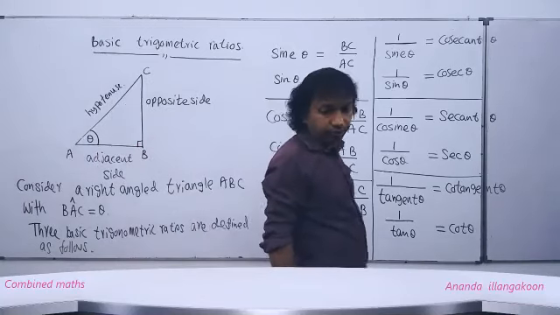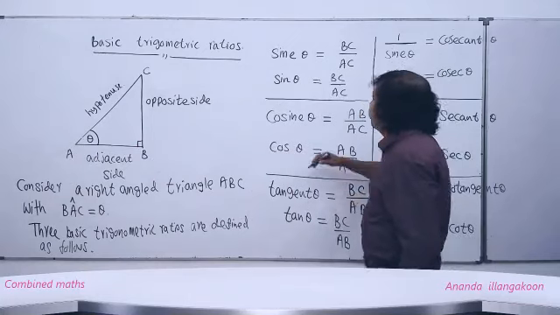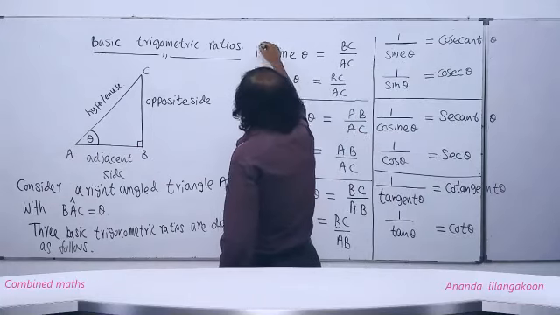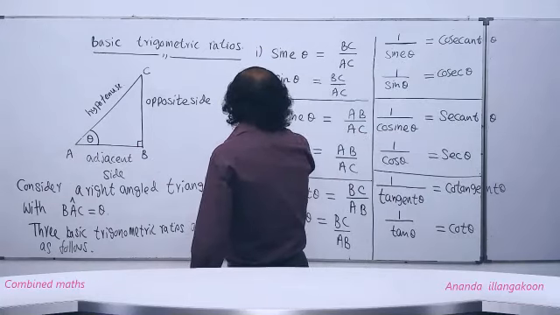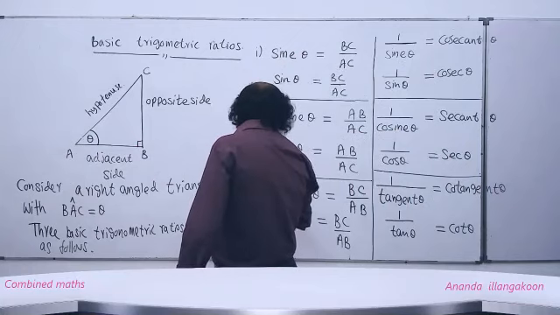Right, people, now write down one by one. Number 1 is this. Number 2 is this. Number 3 is this.